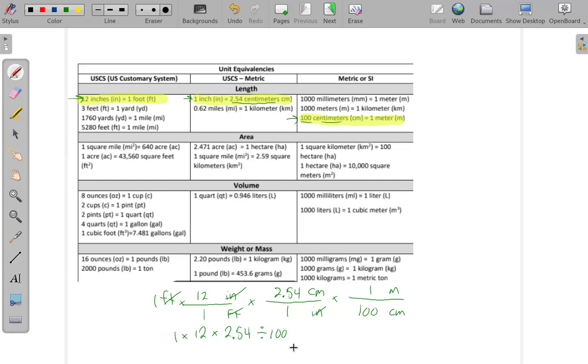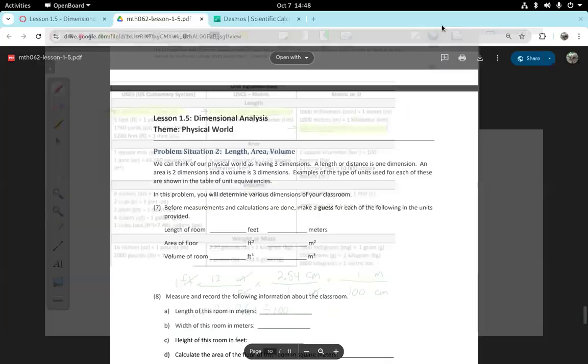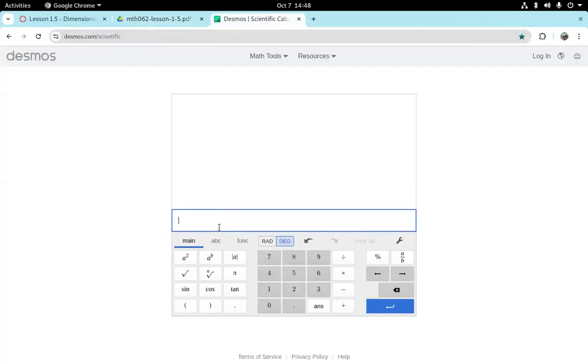Let's see what my calculator says about that. So given any foot or more, we should multiply by 12, multiply by 2.54, and divide by 100. So that means 1 foot is about 0.3048 meters according to those conversion factors.